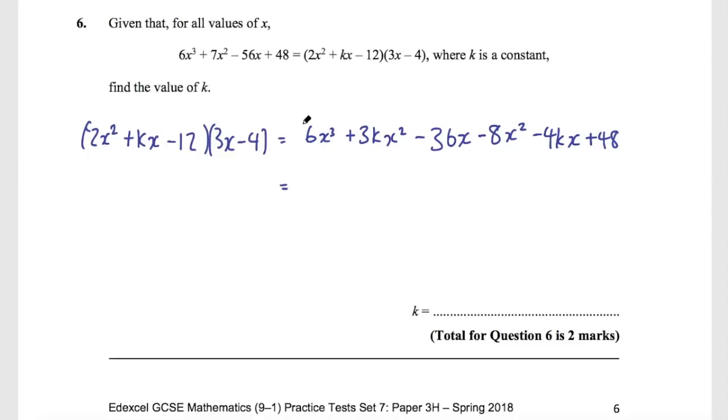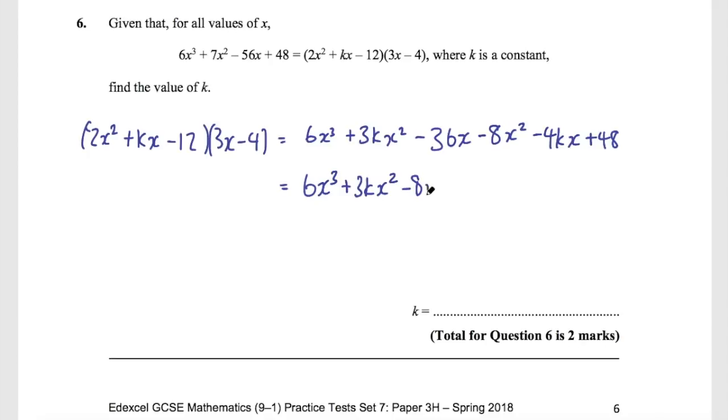So there's no like terms with the 6x cubed, so we can just leave that as it is. And then 3kx squared and 8x squared, they're kind of like terms, but we can't actually subtract them because we have a k here and an 8 and no k in this one. So I'm just going to write them next to each other for now, and we'll deal with them in a little bit.